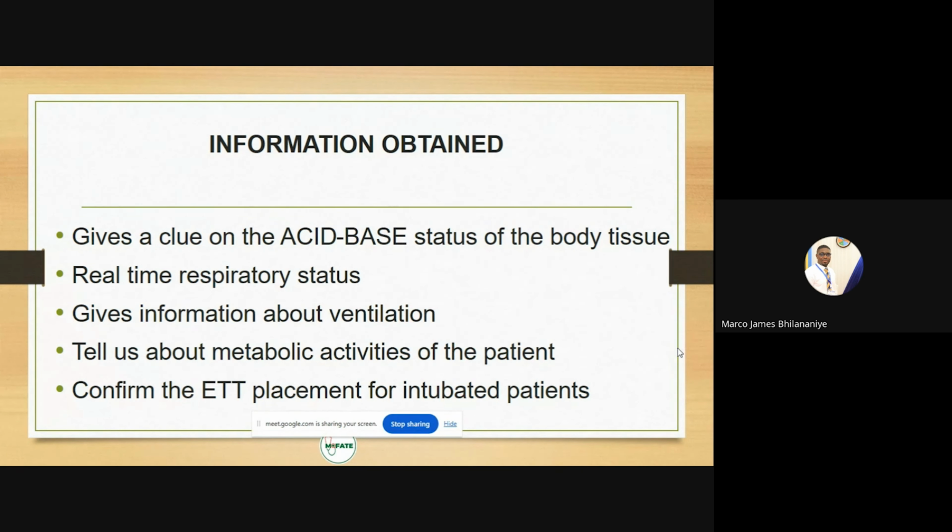Again, for the intubated patient, carbon dioxide and the capnograph itself help us to confirm the placement of the endotracheal tube, the ETT itself. This is very important. Sometimes patients are intubated in the esophagus and they are ventilated, to the point where you find that the abdomen is very distended, and sometimes they get hypoxia due to that poor placement of the endotracheal tube.